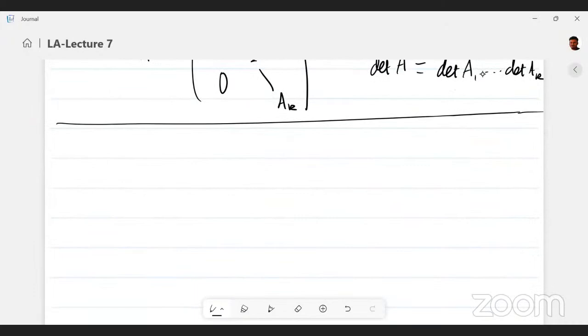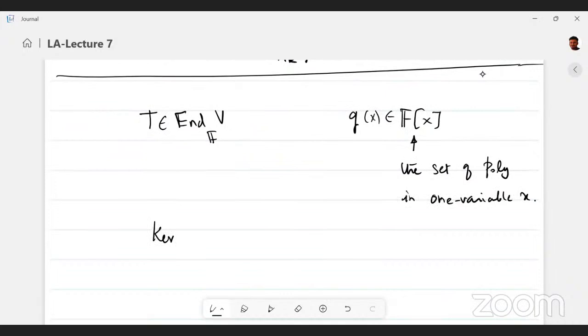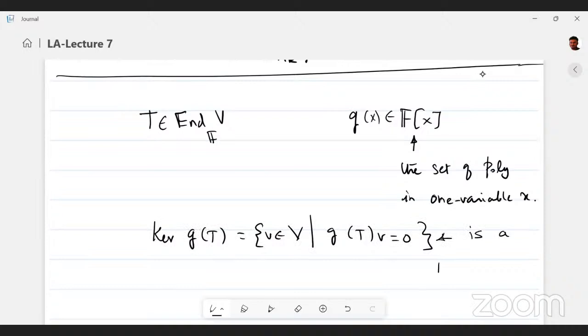One thing we already observed: suppose you are given this operator T from V to V. If I take any polynomial g(x) from F[x], the set of polynomials in one variable x, then if I look at the kernel of g(T), which is those vectors v in V such that g(T)v is 0, this is indeed a T-invariant subspace.